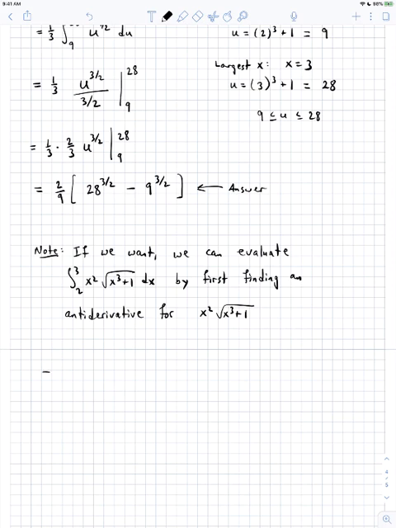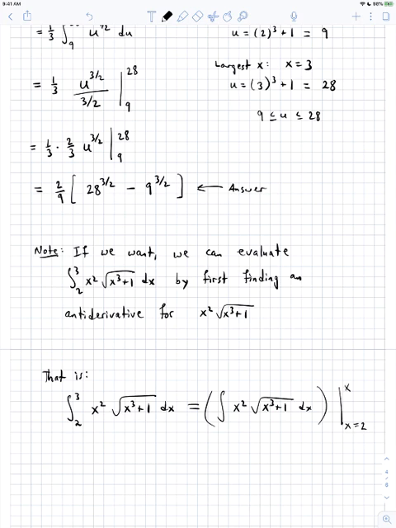That is to say, the definite integral can be evaluated by first looking at the indefinite integral of x squared times the square root of x cubed plus 1 dx, and then whatever that happens to be, looking at the net change between x equals 2 and x equals 3. And you can use substitution to find this.